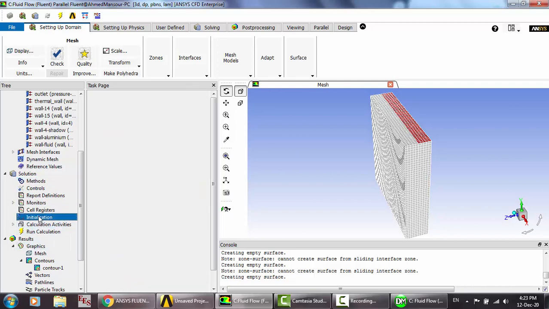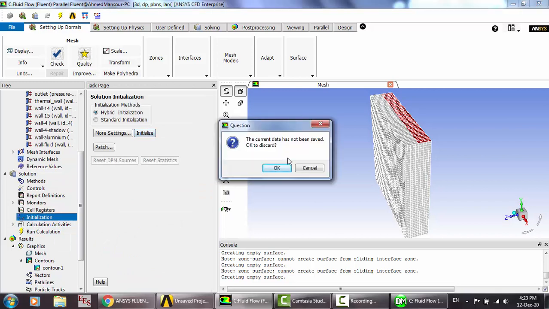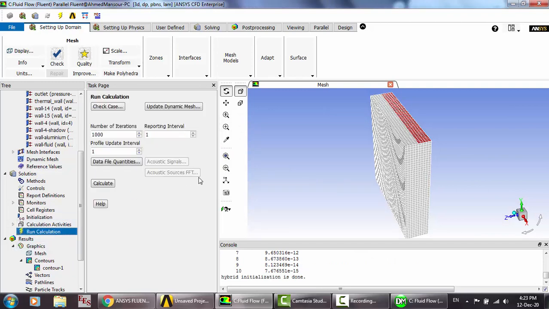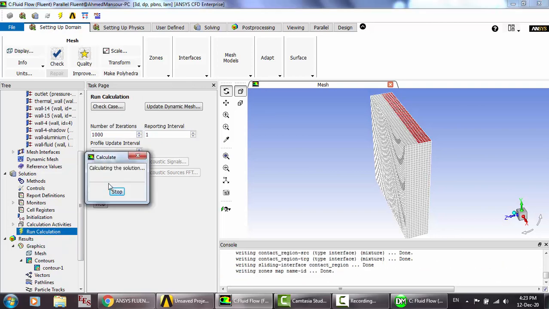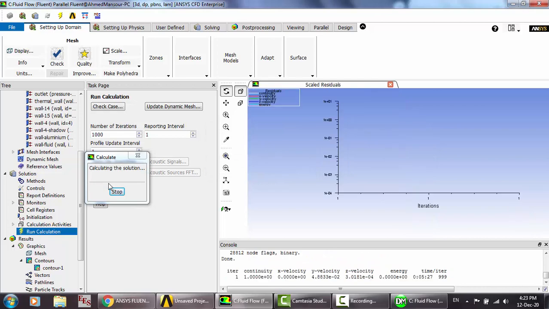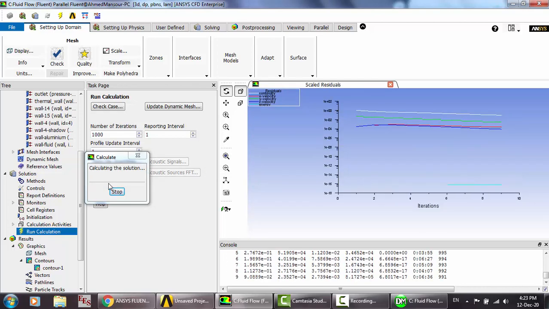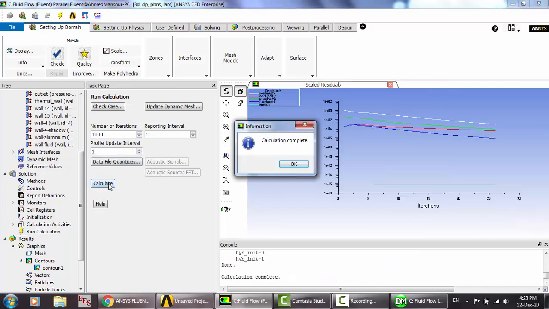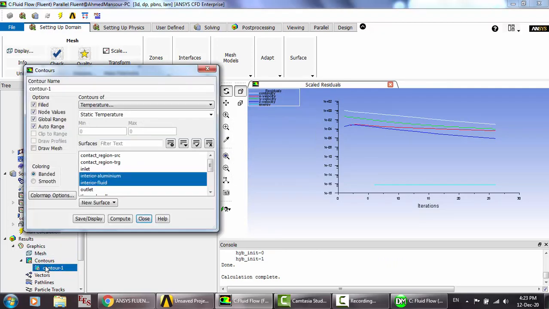We're going to initialize that. Okay, let's see the temperature and run calculation, because it's a very easy case. It is not going to take time, the convergence occurs quickly. Okay, just in a matter of seconds, we have the contours for the interior aluminum and interior fluid.